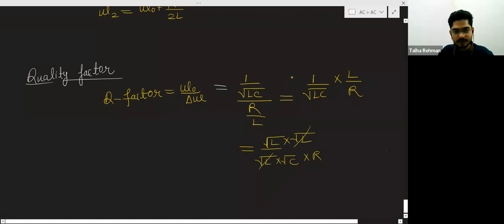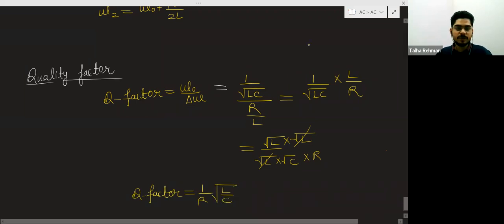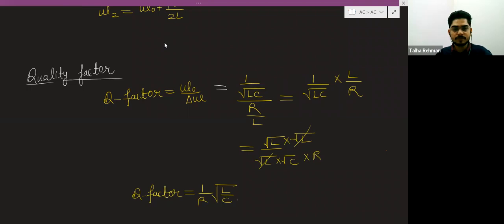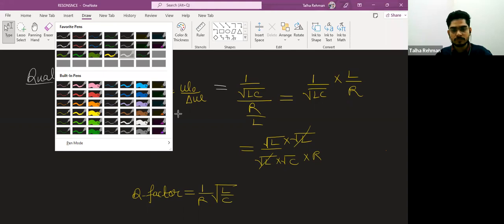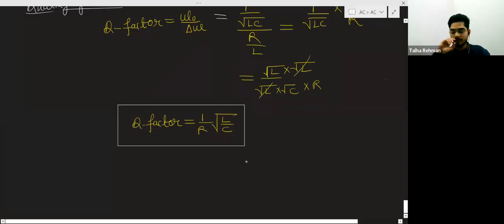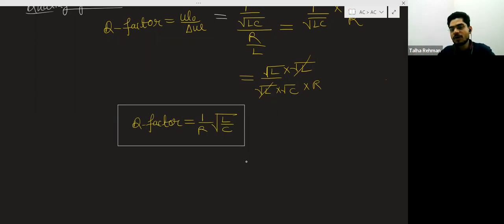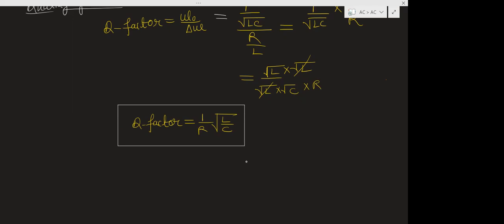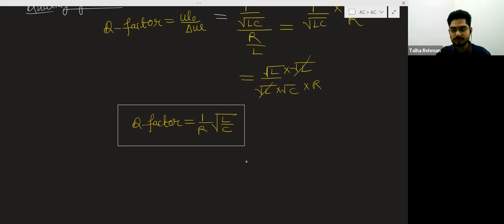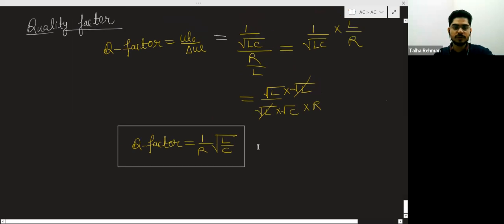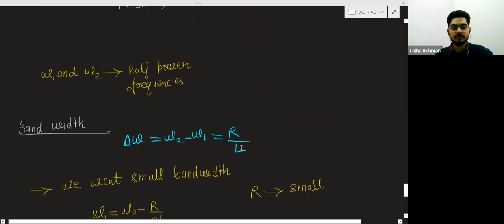So finally, the Q factor will be 1 upon R under root of L by C. So this is the formula for the quality factor. For increasing the quality factor, resistance should be small, inductance should be large, and capacitance should be small. Okay, you can now note down this.